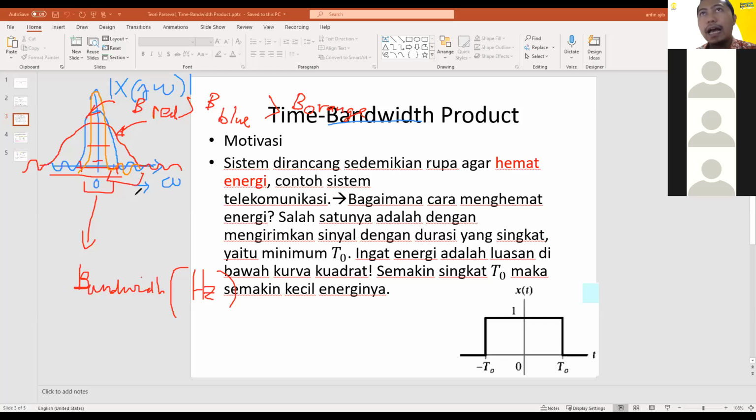Okay, until this point, is there any questions? Sir, I would like to ask. From the Parseval theory, it said that the energy of a signal in the time domain is the same as the one in the frequency domain. Yes. And you said that we use the frequency domain because it can be simpler to calculate.